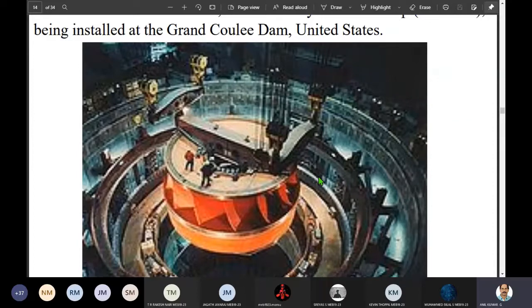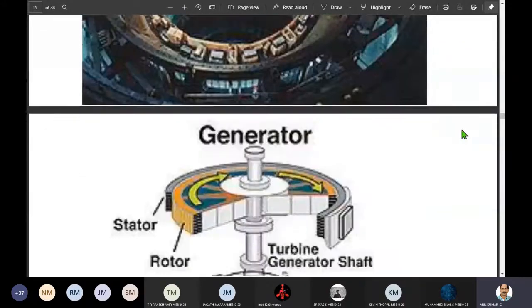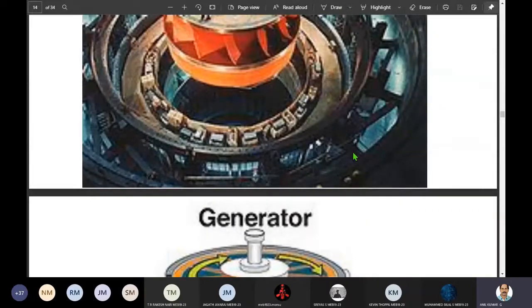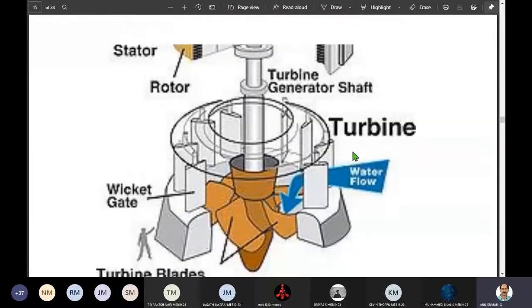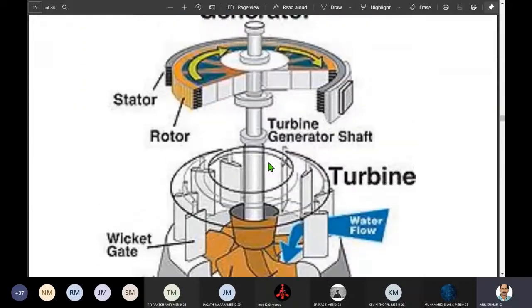That has enormous capability, 12,800 megawatt and all. So several Pelton and Francis turbine runners are used. And this is the basic skeleton which you can understand from this, the generator here, cutaway sections and all.